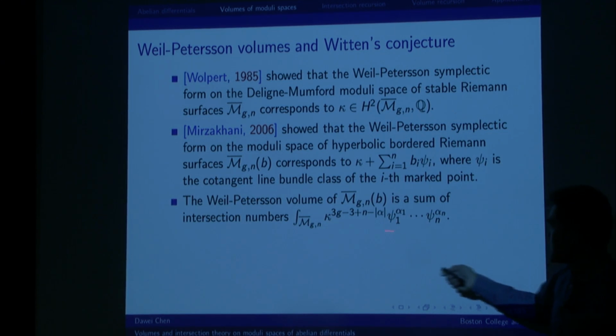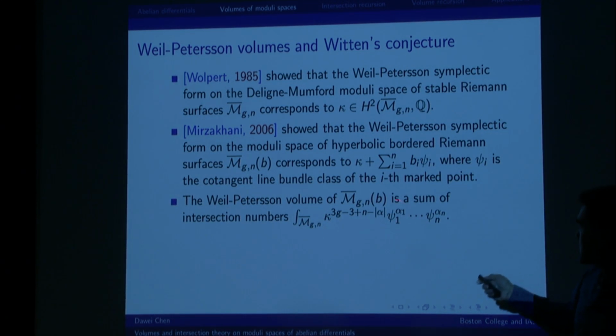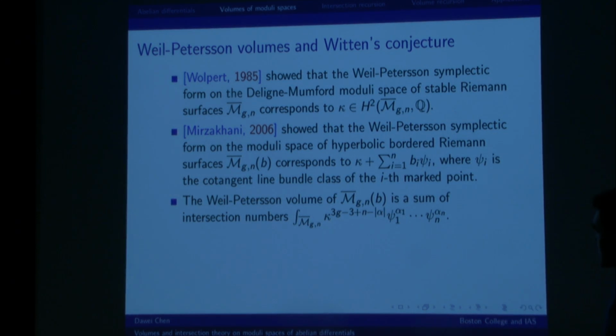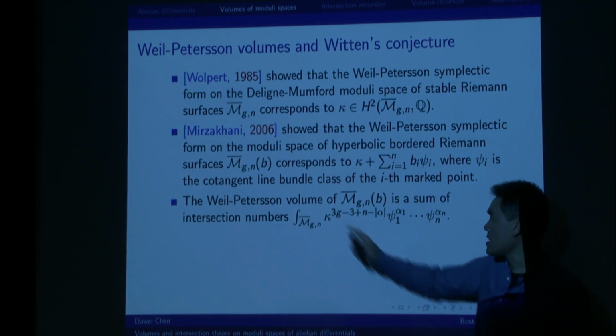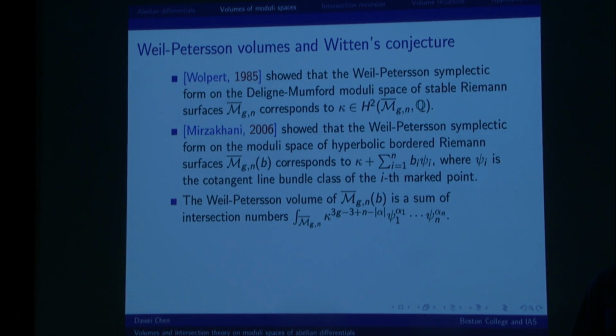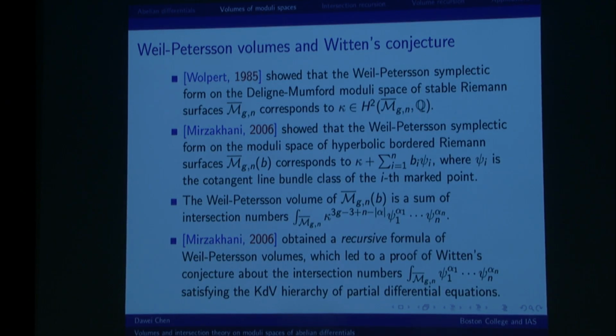So this is somehow very similar to the result I'm going to tell you later. I will also use these psi classes, and I have another class that plays a similar role to the kappa class. That's really a correspondence I'm going to mimic and tell you. But anyway, what's the relation to Witten's conjecture?